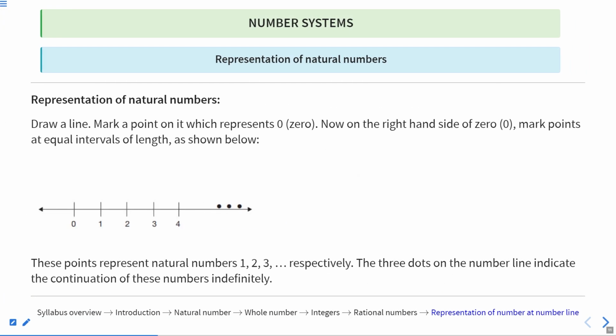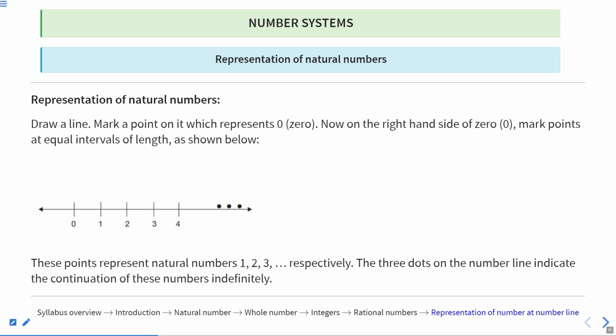So now let us represent natural numbers on the number line. How can you represent natural numbers on a number line? Let us see. First of all, draw a line and mark a point which represents 0.